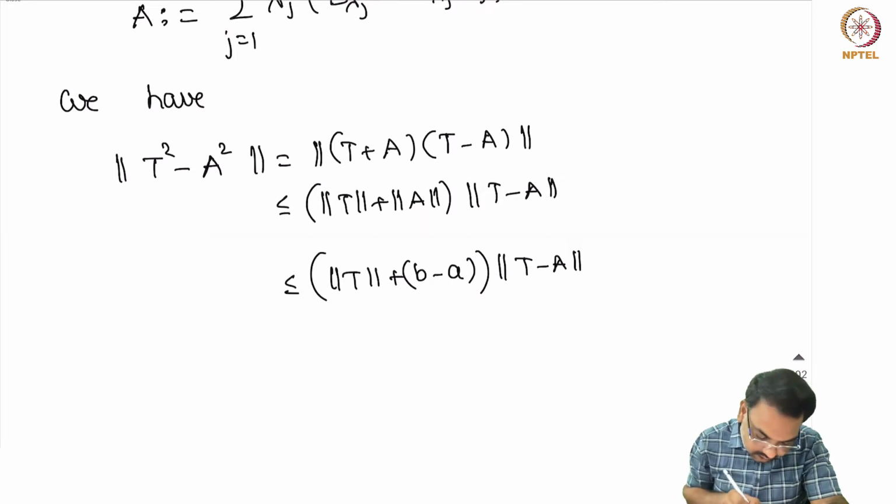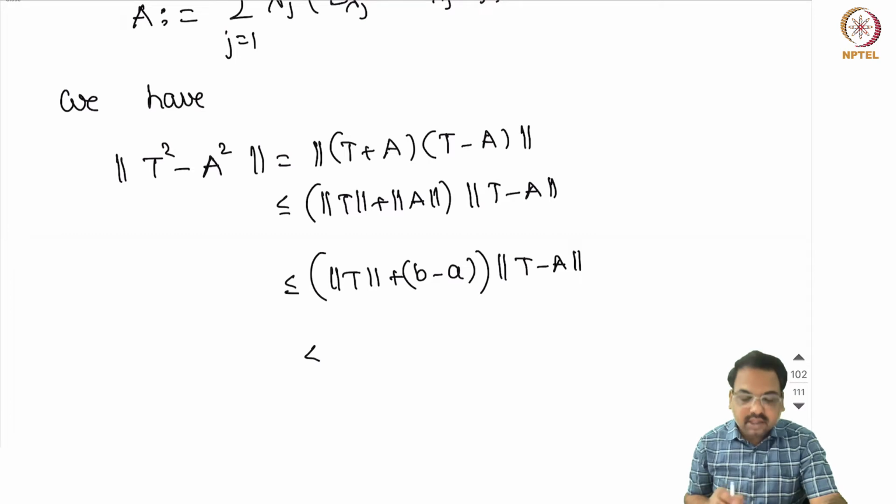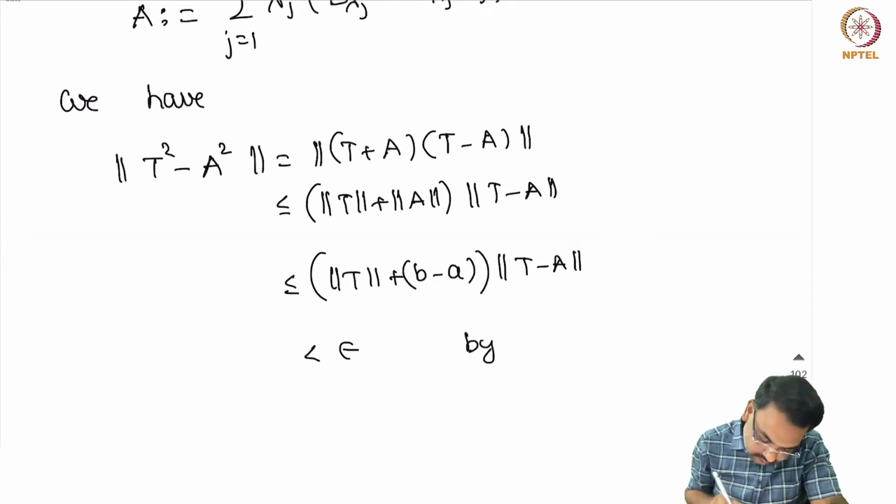Now we can say that norm T minus A is less than epsilon by norm T plus b minus a, so this is less than epsilon by 1.